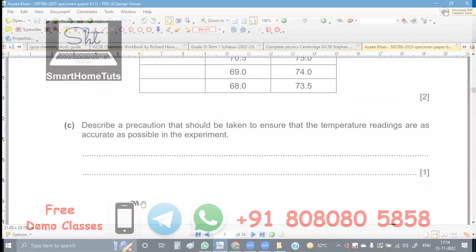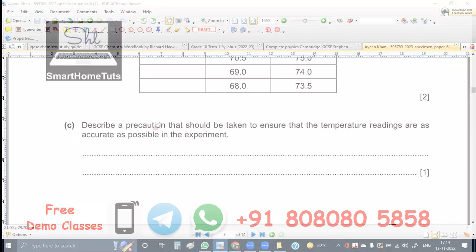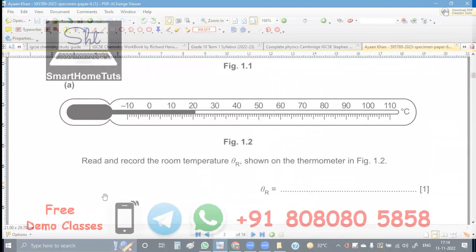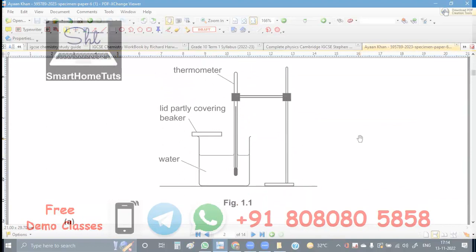Describe the precaution that should be taken to ensure the temperature readings are as accurate as possible. What should be the precaution that we are going to take? Here, this is our experimental setup of the apparatus. For both readings, one important thing we can note is the level of the thermometer.